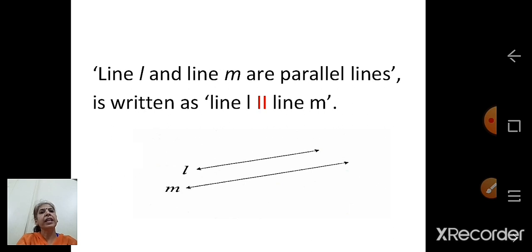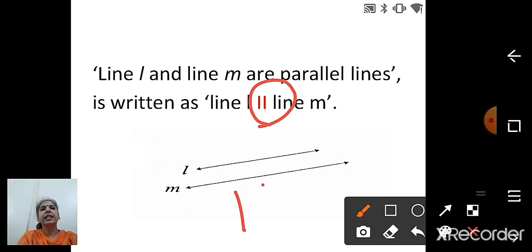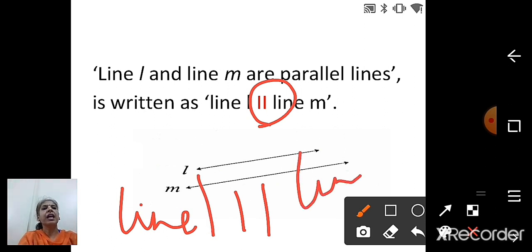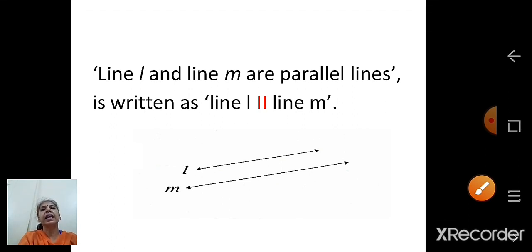And how do we write them? This is the symbol of parallel. So we write line L parallel to line M.